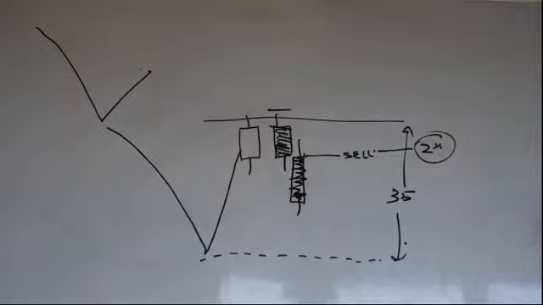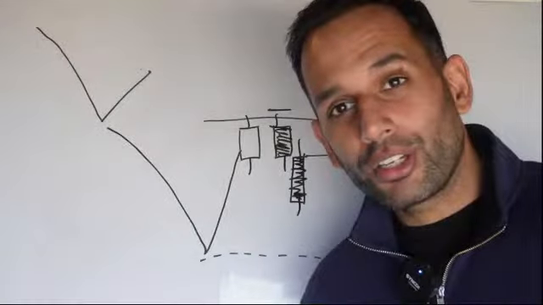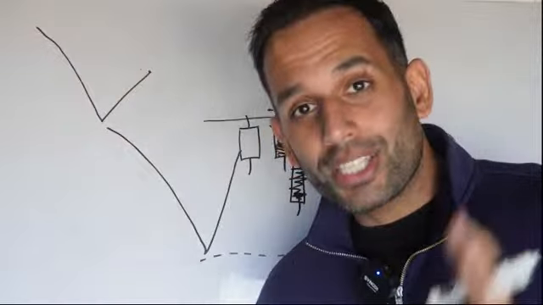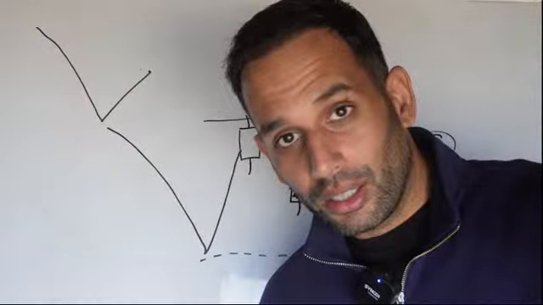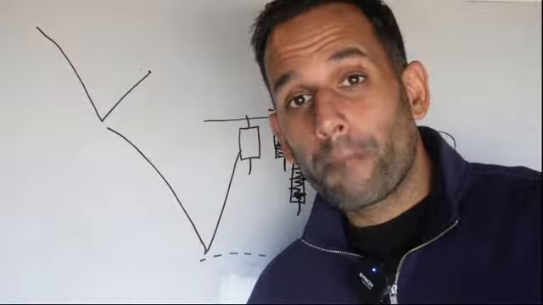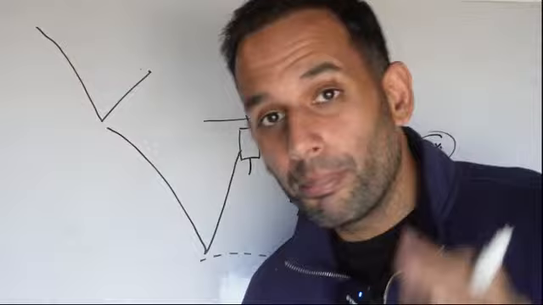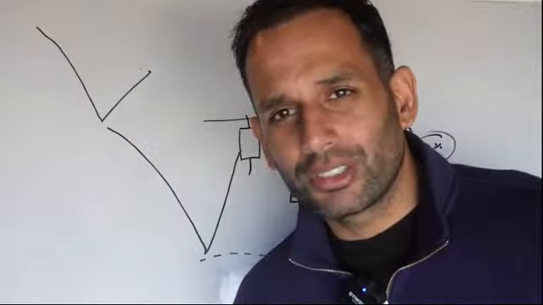Now, remember this. This is very, very important. Whenever you're using stop losses, your stops always have to go above the previous candle if you're taking a sell, and below the previous candle if you're taking a buy. It's not about how big your stop loss is, it's all about where your stop loss is.